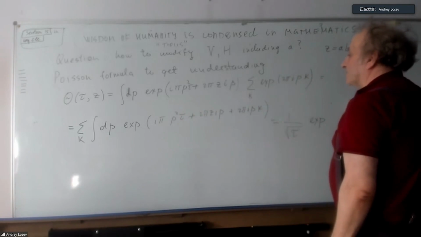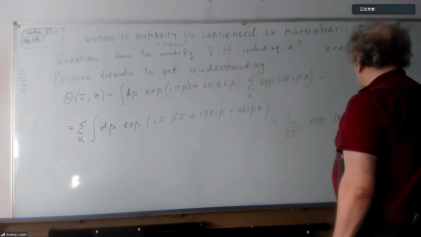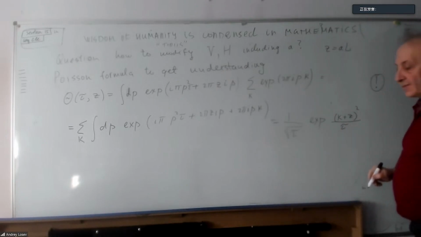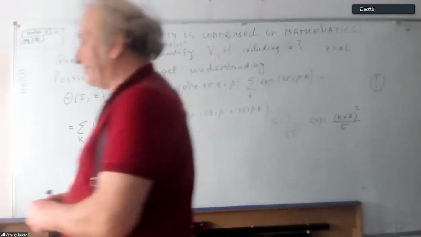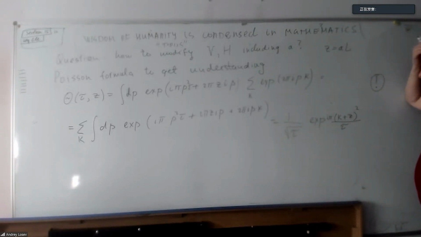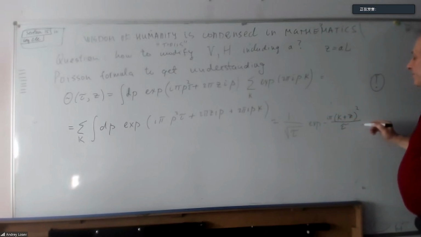Now I'll have an exponential of k plus z. Here I am. This is the formula that I want.